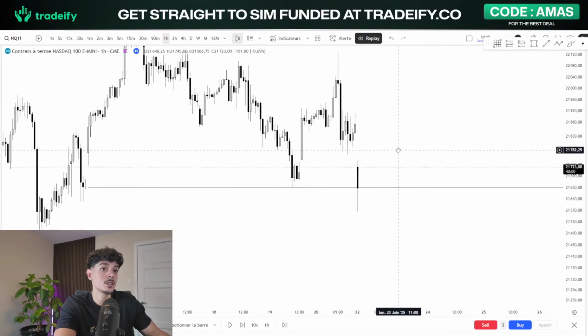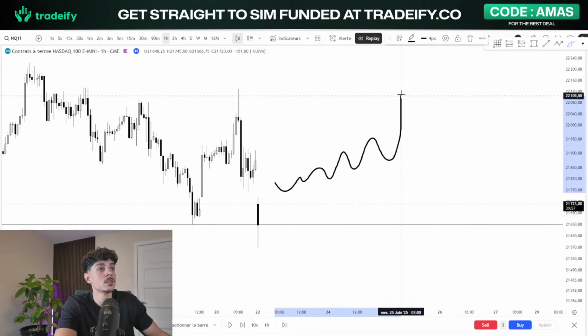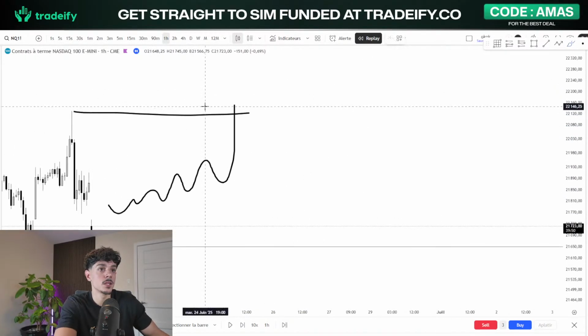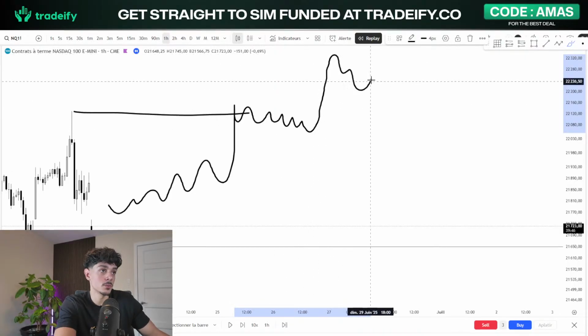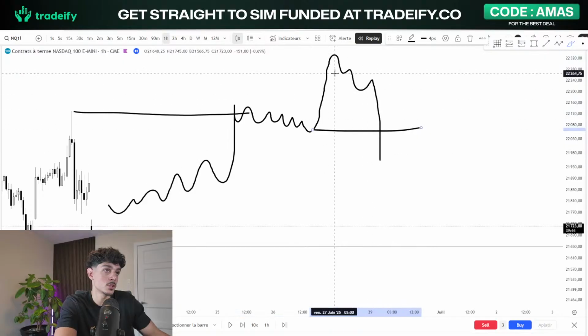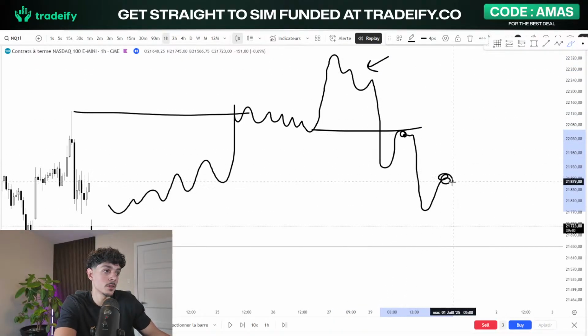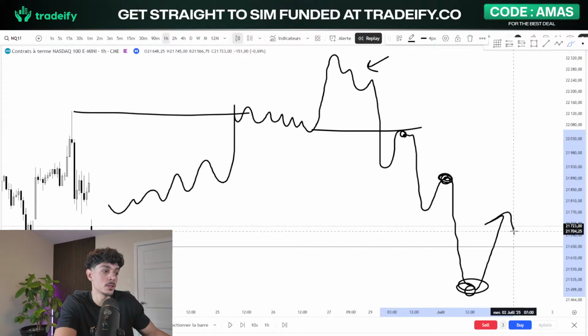If we would have opened here on Asian and then started pushing to the upside on Monday, and Monday is accumulation, then Tuesday would possibly be the high of week, market structure shift. Then you take shorts on Tuesday, you add on Wednesday, you add on Thursday, and then you take the pullback play on Friday.